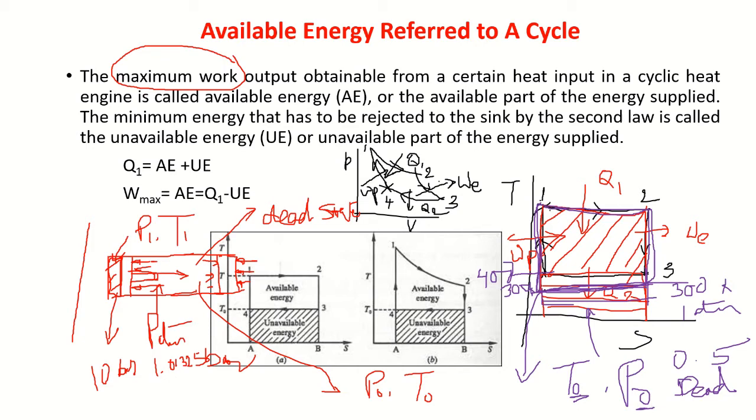Then whatever work you are going to get, if it is a reversible engine, is the maximum work. Call that maximum work availability. It is the maximum available energy.